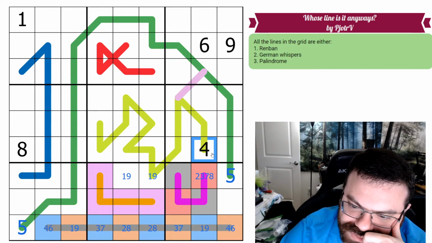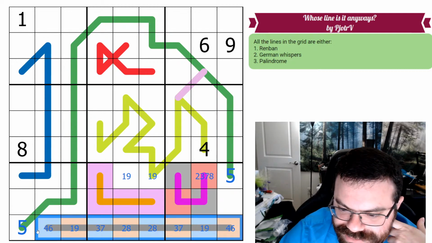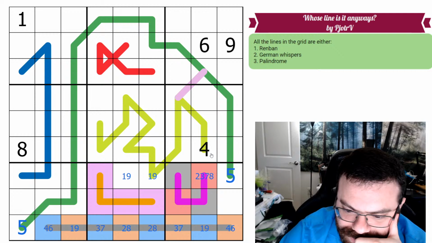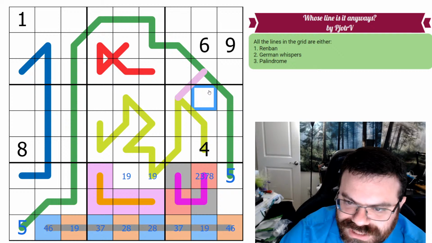If this were whisper, this would be 4, 9, and then this would be the 1. That would make this whisper known. Would that screw up? If this is whisper, this would be 5.